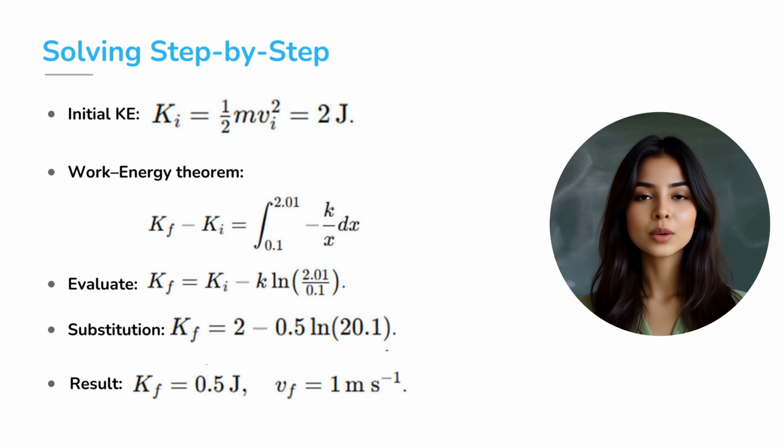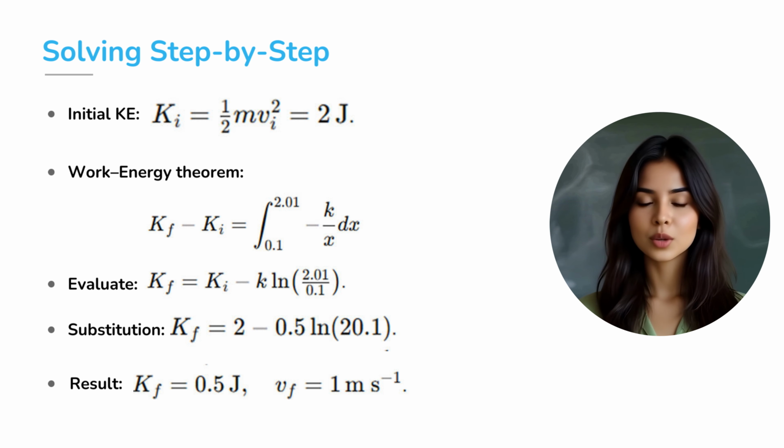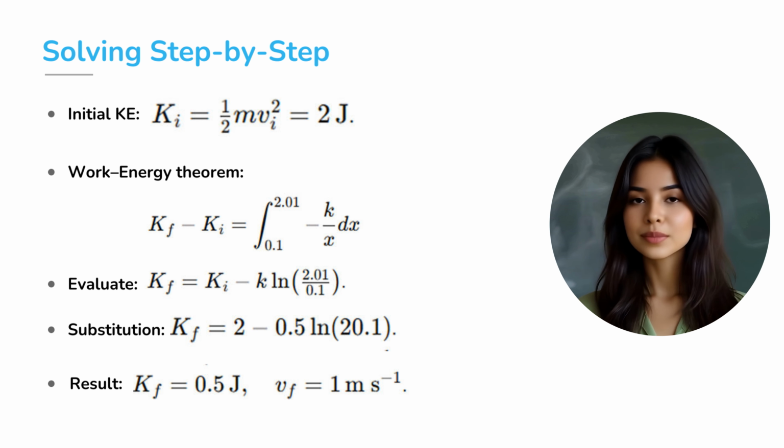Now, to figure out the final speed, we use the work-energy theorem. We need to integrate the force over the distance traveled to find the total work done. The force given by F of x equals minus k over x is integrated over the displacement from 0.1 meters to 2.01 meters.